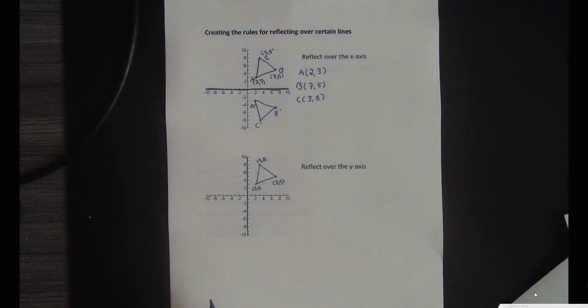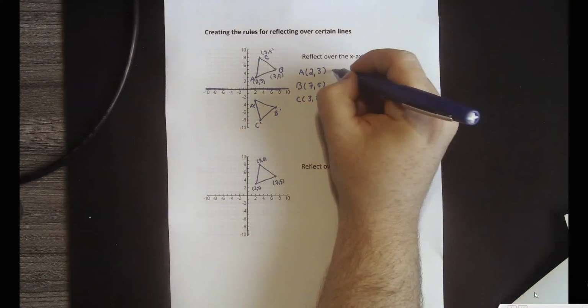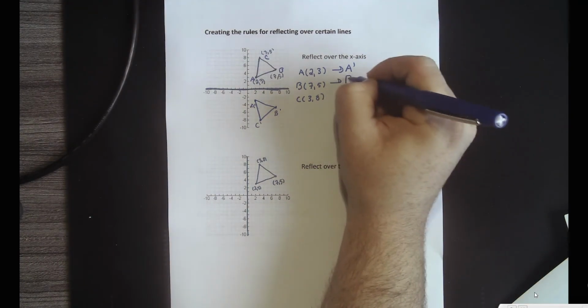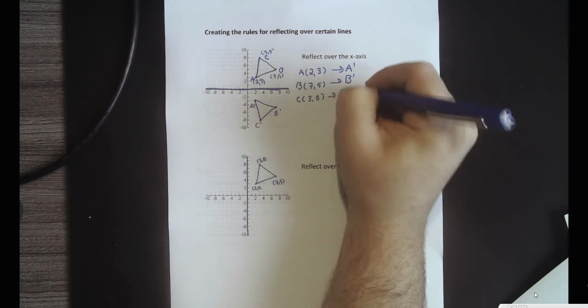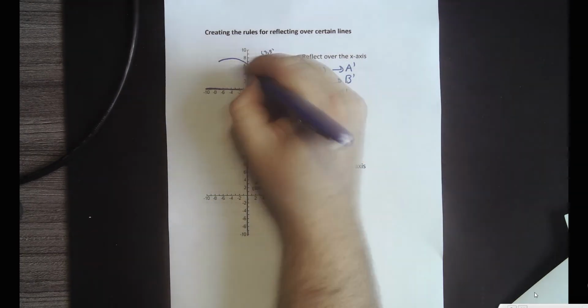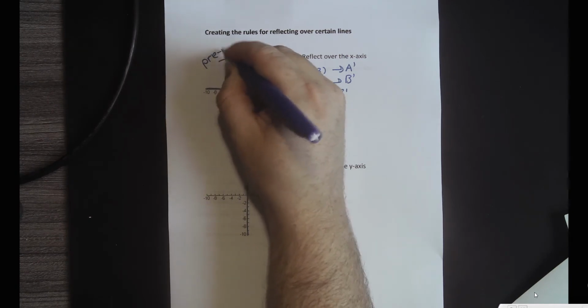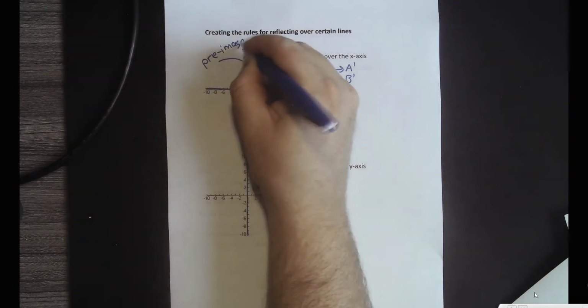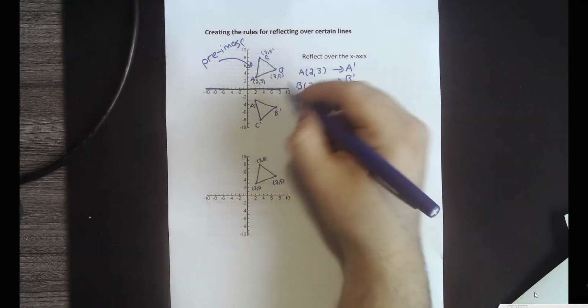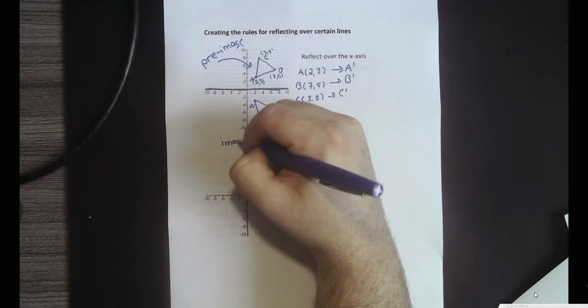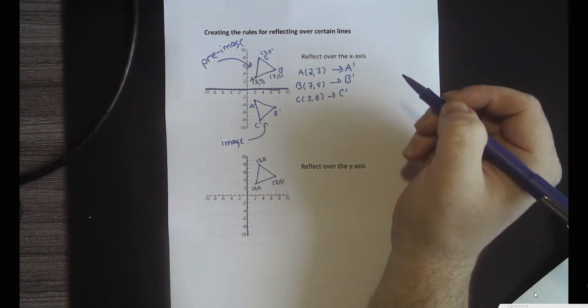Now one of the things you need to point out here is, first off, this is the preimage, because this is the object before it reflects, and this is the image, the object after it reflects.